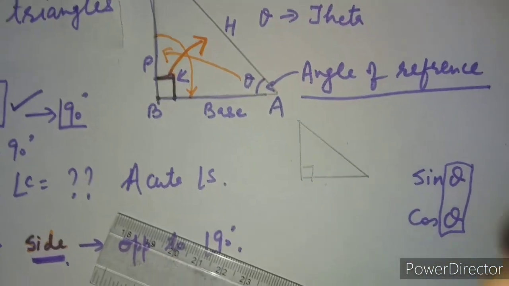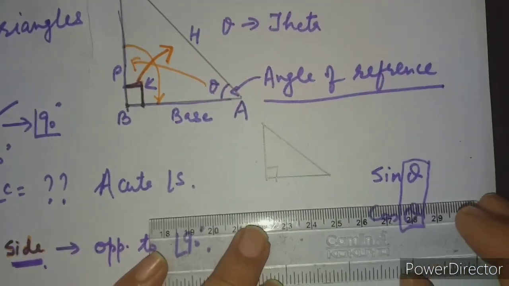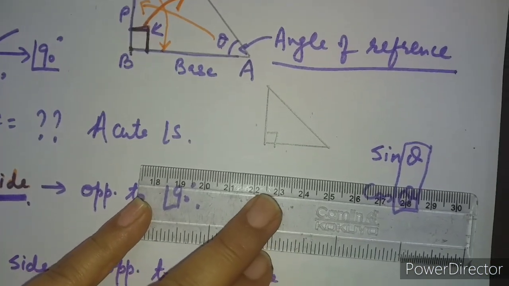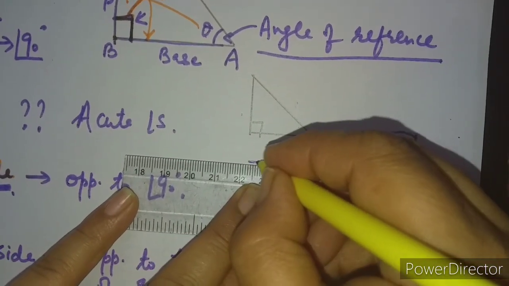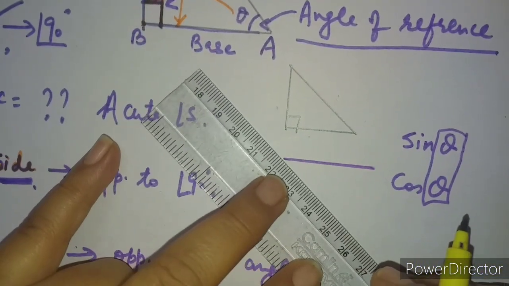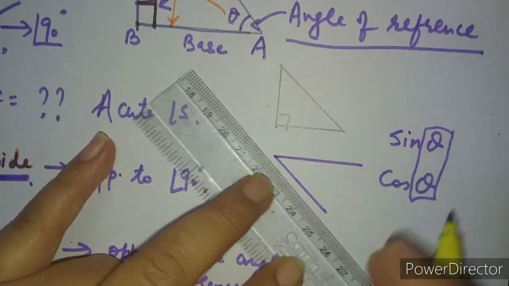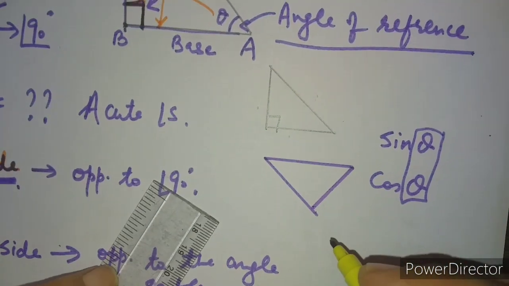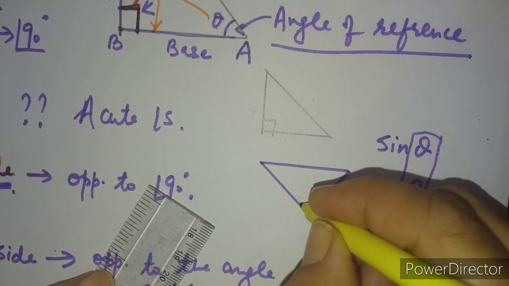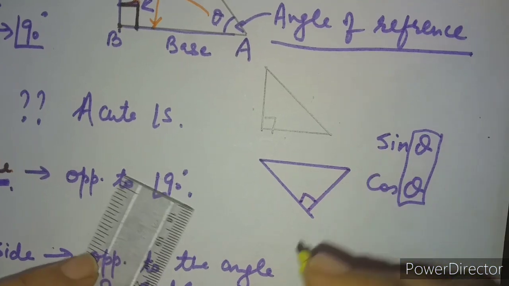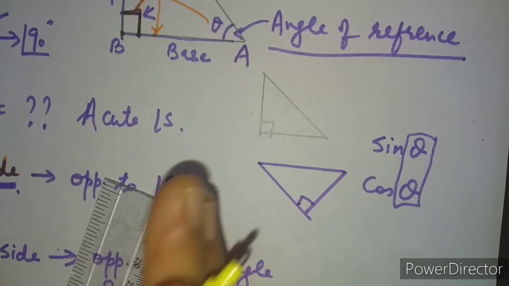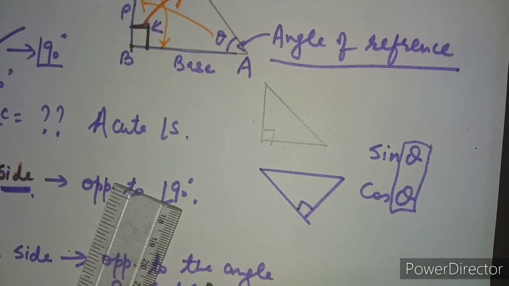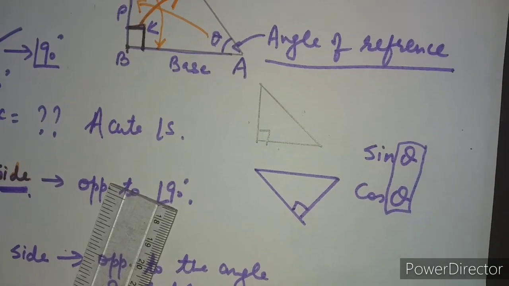But these definitions are going to help you in case any question gives you a figure like this. Suppose this is the triangle given, and it will surely be mentioned where the angle of 90 degree is. Then these definitions will help you decide which side will be our hypotenuse, which side will be our base, and which side will be perpendicular, right?